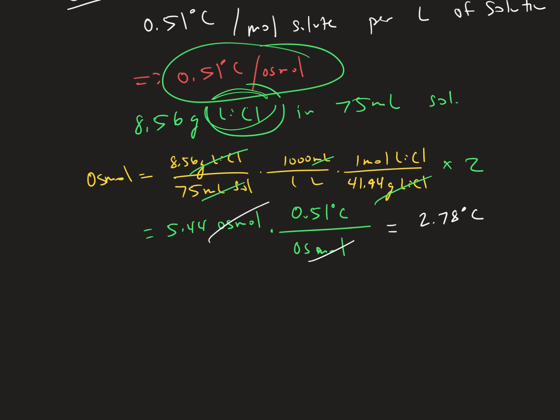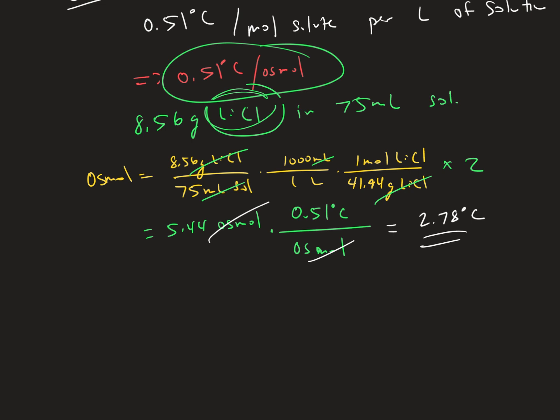So if this is water we throw it into, what do we do with this? This is how much it increases or decreases. Boiling point elevation, freezing point depression. So freezing point lowers, boiling point increases. Good?